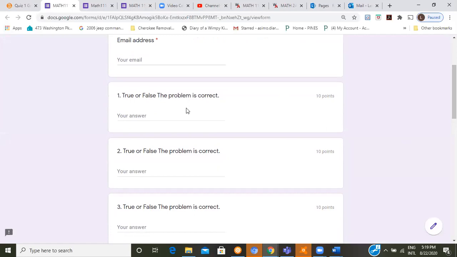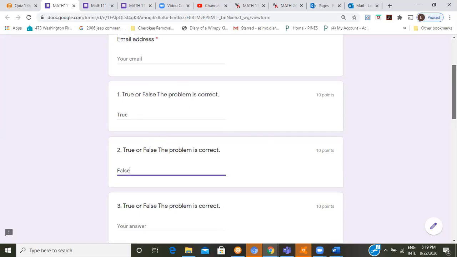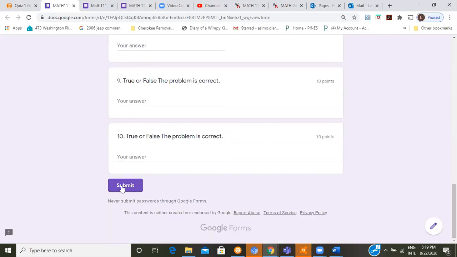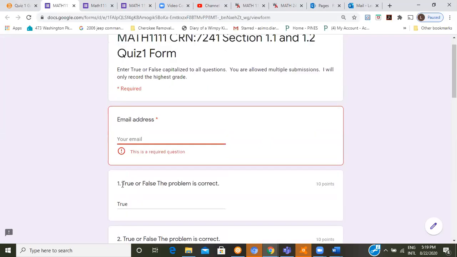If I did problem 1 correctly, you type the word true here. If I did problem 2 wrong, then you type false, literally like this. And I can submit it. Oh, I was supposed to enter my email address.